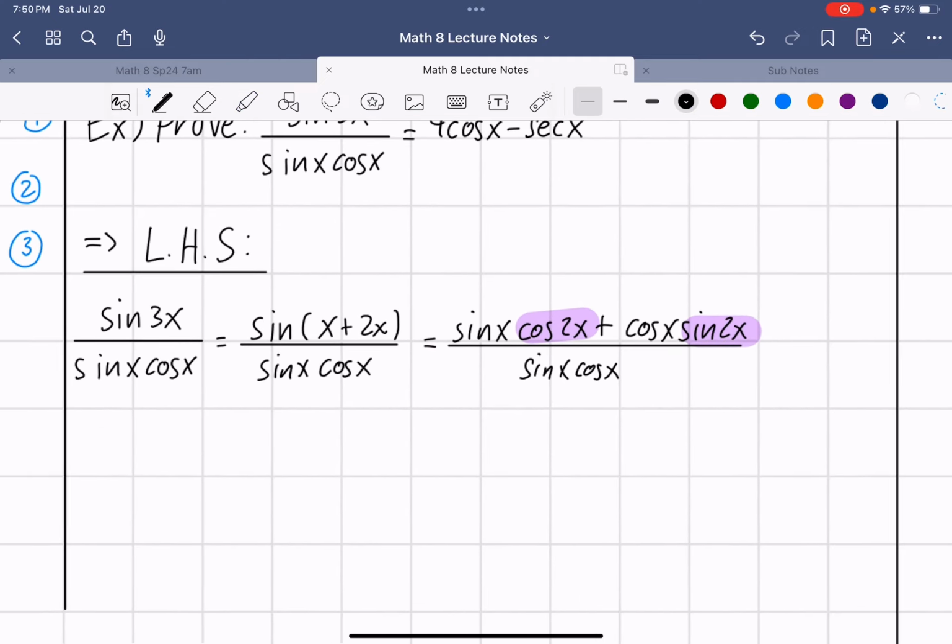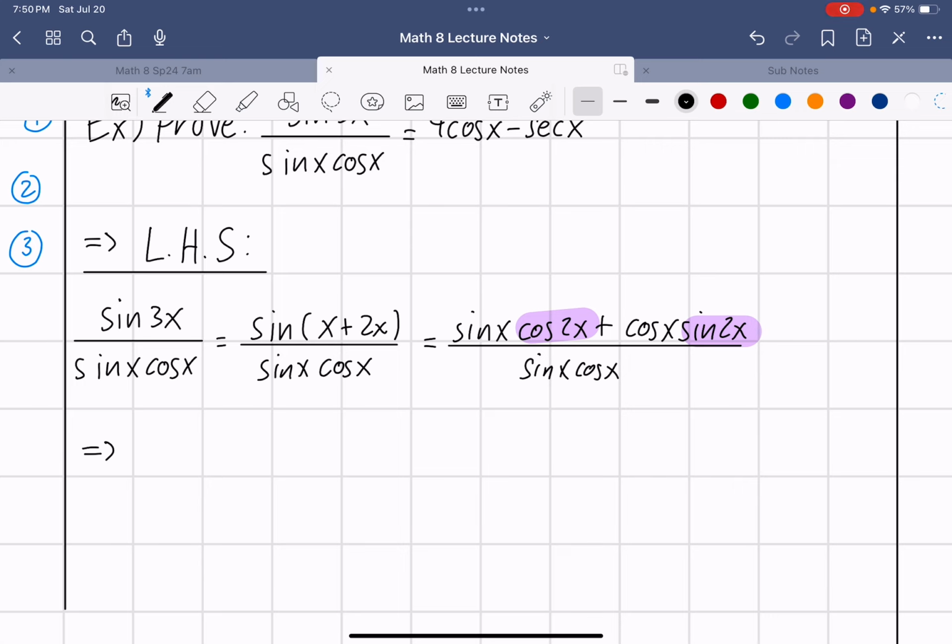Right, so the big first step is showing how we're going to use the sum formula for sine. And then second is seeing that double angle at first glance.